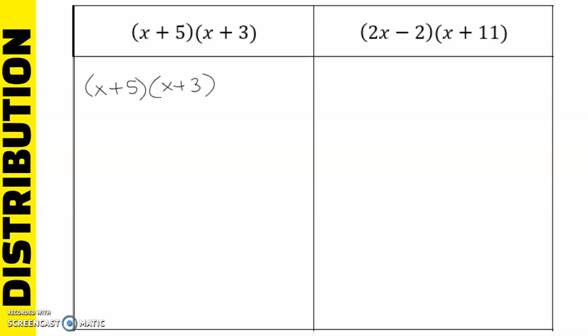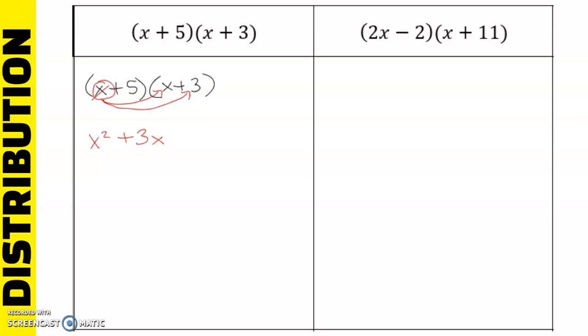This is what that looks like. Organization's your friend. So I'm going to start with x, telling myself what I'm working on. Focusing. So x times x is x squared. X times 3 is positive 3x. I multiplied that x times all the terms in the other parentheses.